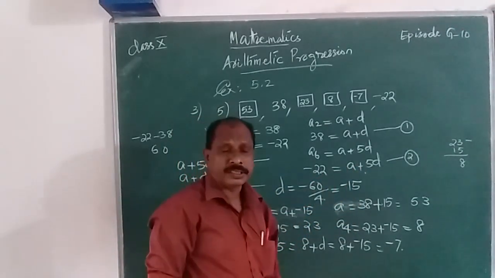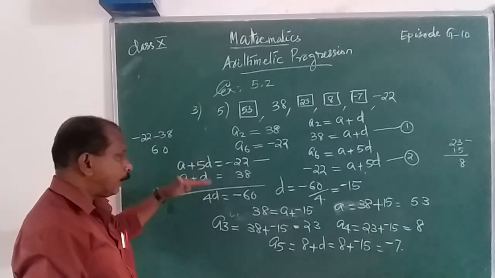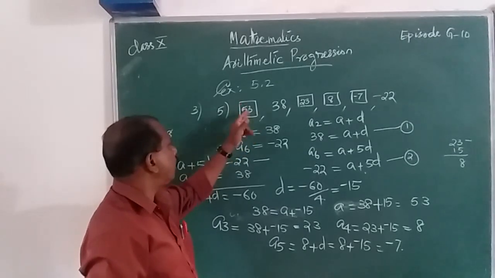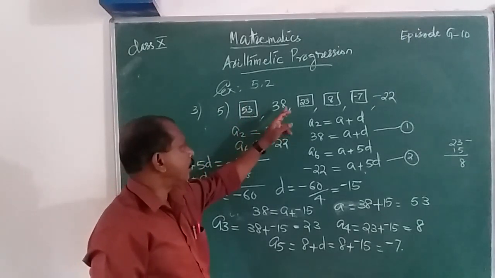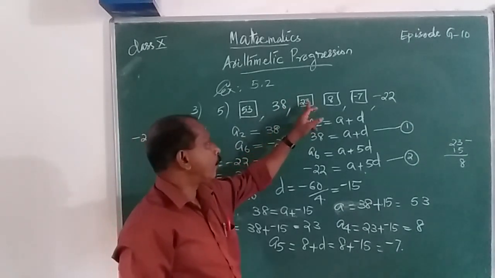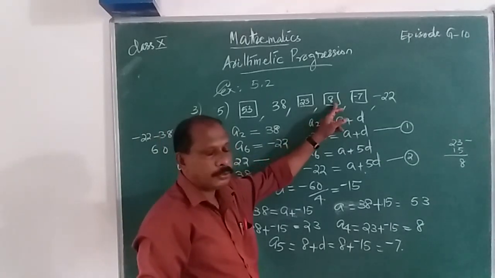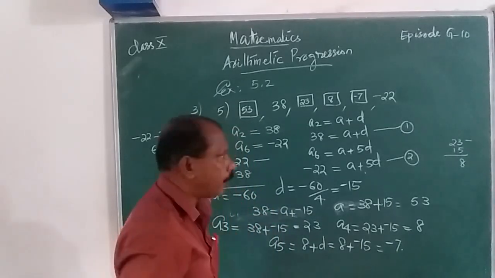We get two equations in A and D. Subtracting these two, we get D. Substituting in the first equation, we get A. Therefore, the first term is A, 38 is the second term, 23 is the third term, 8 is the fourth term and so on. Clear?